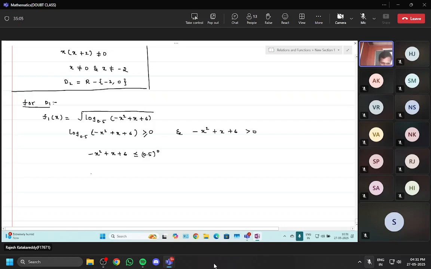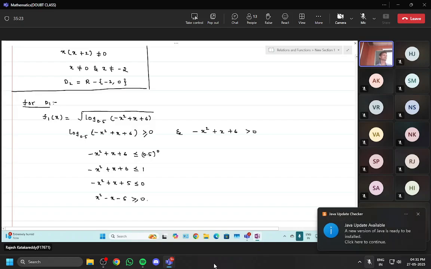So we write minus x square plus x plus 6 is less than or equal to 1. So minus x square plus x plus 5 is less than or equal to 0. Then x square minus x minus 5 is greater than or equal to 0.